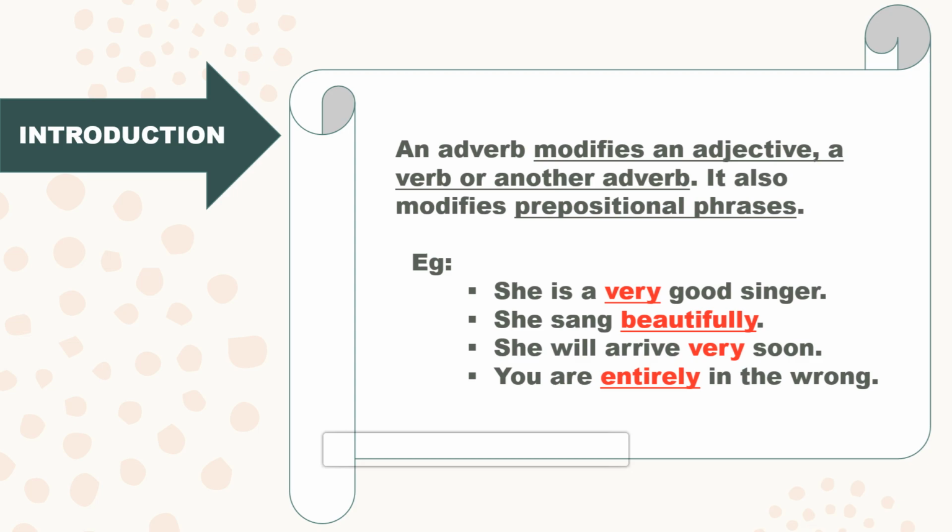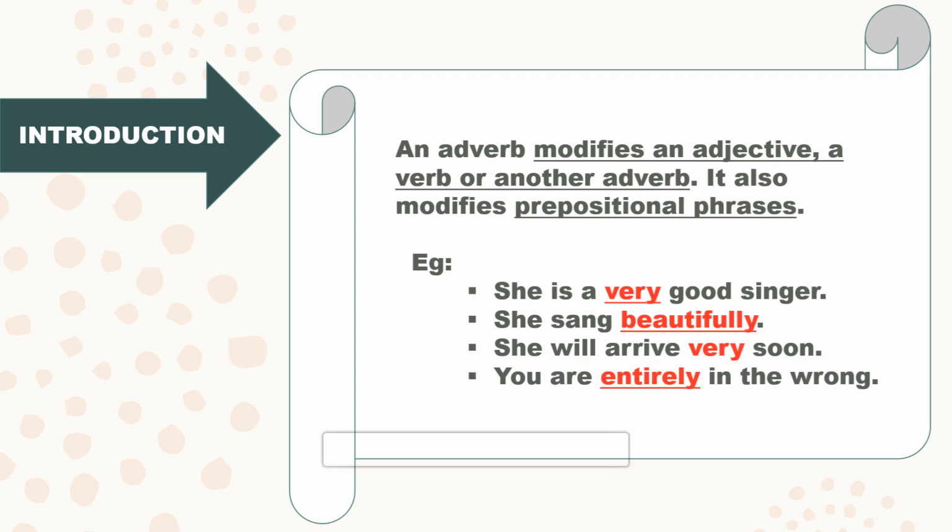And here the word entirely, which is an adverb, modifies the prepositional phrase. So you are entirely in the wrong. Entirely is an adverb. I hope the introduction part of adverb is quite clear. You remember only four things: it modifies an adjective, verb, another adverb, or prepositional phrases.